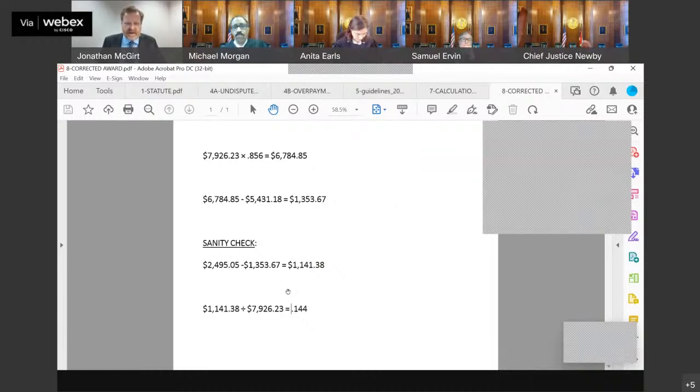And down here at the bottom, I've got a sanity check to show how that works, that the share at mom's house is $2,495 minus the child support award would leave $1,141.38. That would be mom's proportion of how much should be according to her income share, and that is 14.4%. So that shows that it actually comes out to be exactly right in accordance with their income shares.